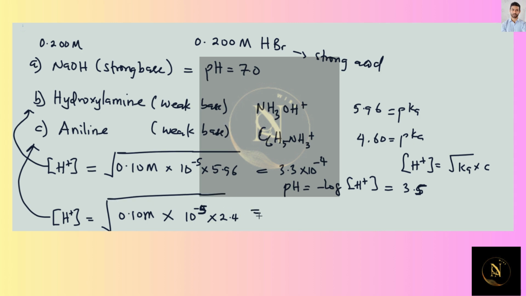So this will give us the square root of 0.1 times 2.4 times 10 raised to the power minus 5.